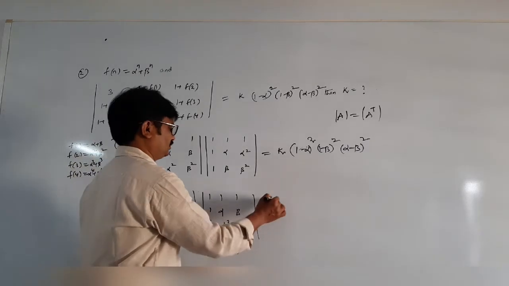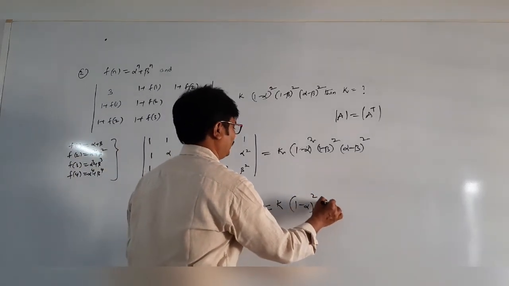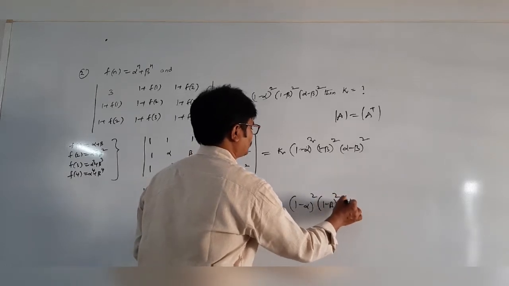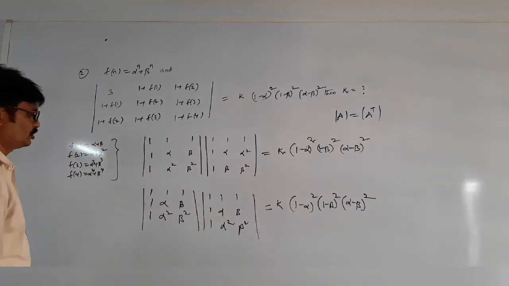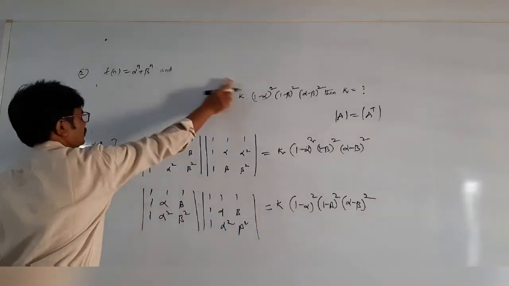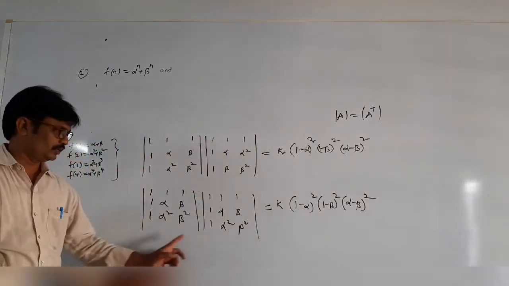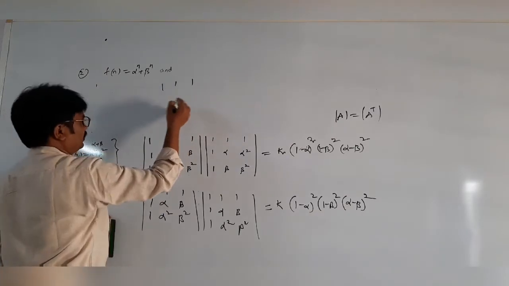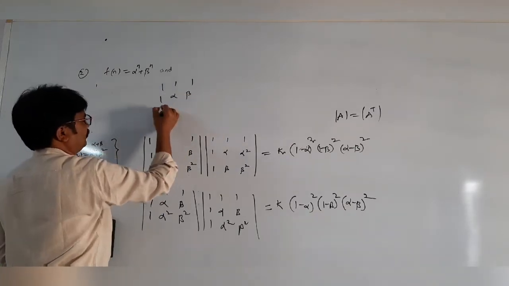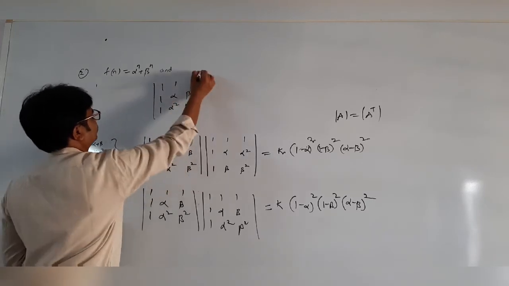Dear students, this is K into 1 minus alpha whole square, 1 minus beta whole square, alpha minus beta whole square. So students, now this can be written as, dear students, these are same. Undoubtedly we can write as 1 1 1, alpha beta, 1 alpha square beta square whole square.